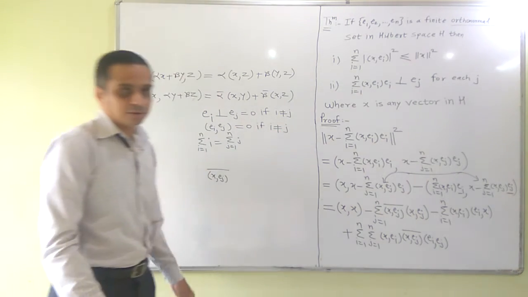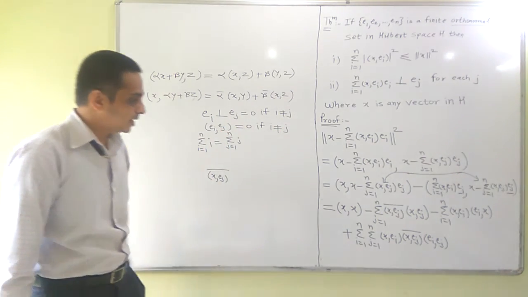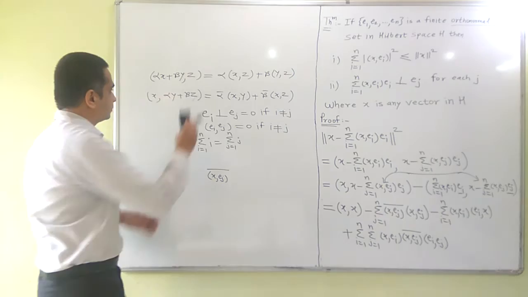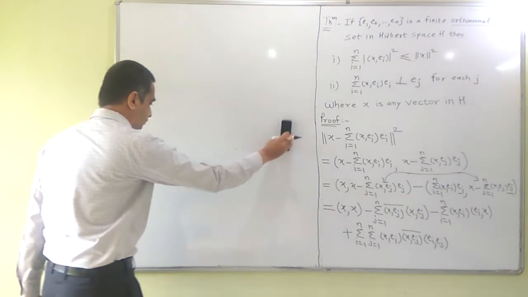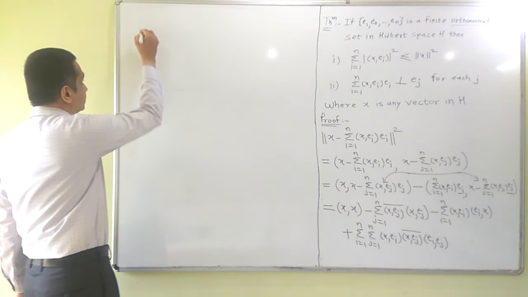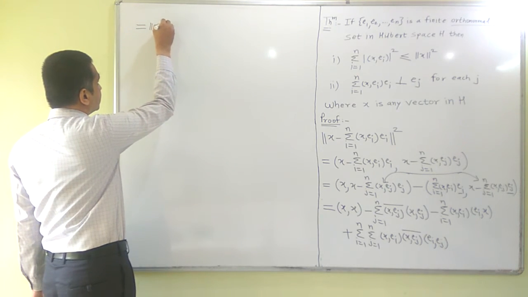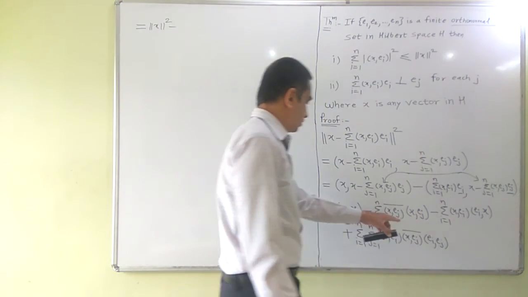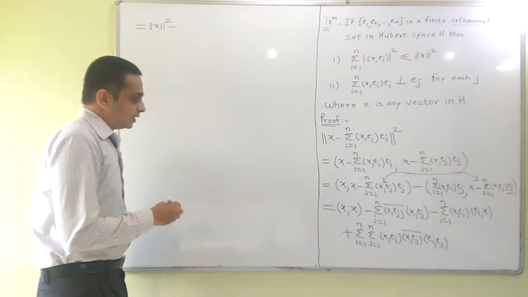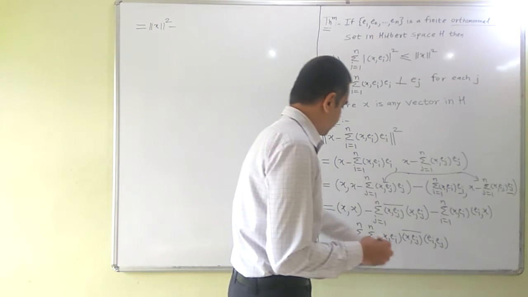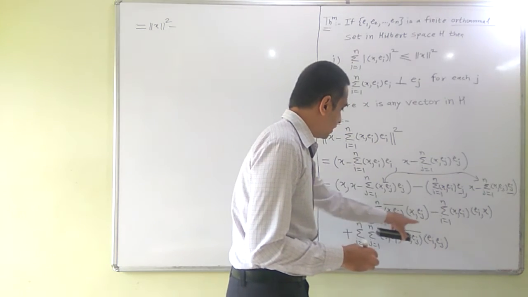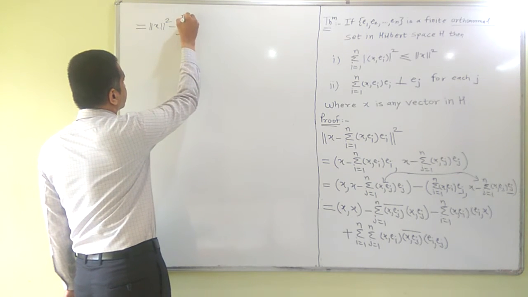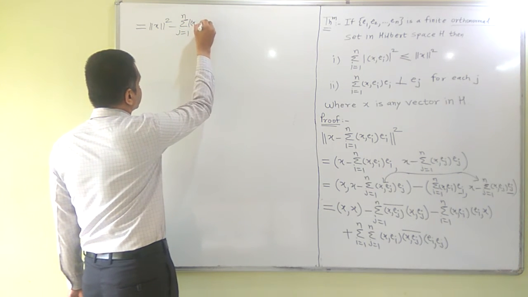So it is easy to observe with this fact that this will get simplified to norm of x squared minus, only one term will be non-zero here, so this will be simply minus the sum j equals 1 to n of mod inner product x, ej squared.